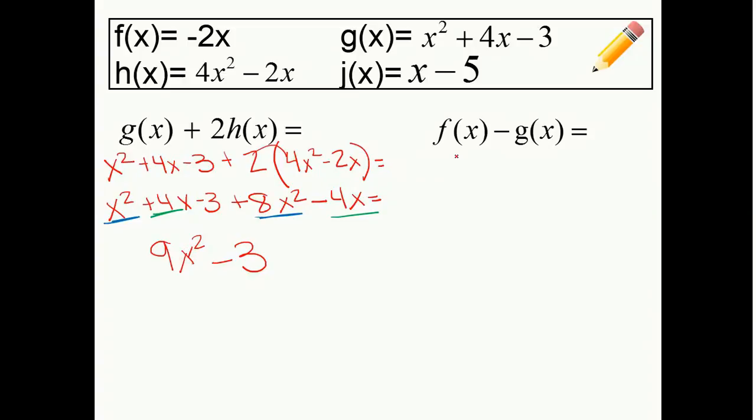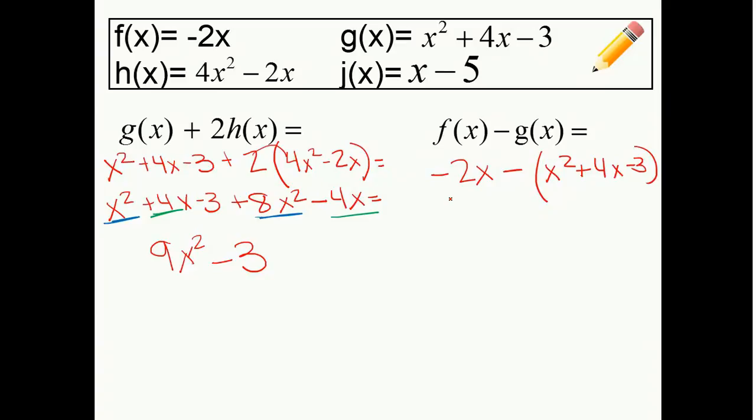What about f of x minus g of x? So I'm going to take my f of x, put it down. F of x, I know it's negative 2x there. Minus, I'm going to put g of x in parentheses, and I'll show you why in a minute. So g of x, if we look in our table over there, we got x squared plus 4x minus 3. Perfect. So now, notice how I'm subtracting all of g of x.